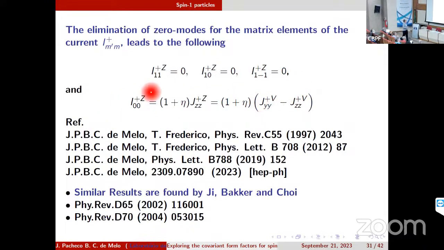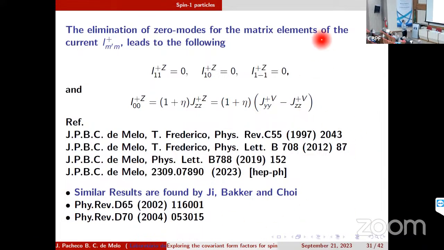Only 0, 0 is not 0. You remember, Inna Grach eliminated exactly this, by chance, I don't know, by feeling. She eliminates exactly the term that gives problems, the term that breaks the symmetry. She does not have any zero mode in her prescription.